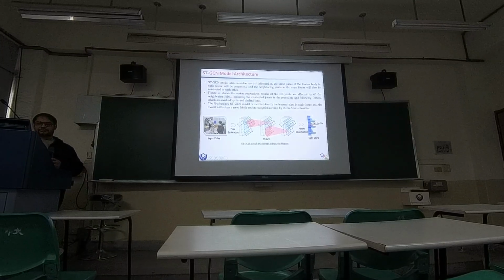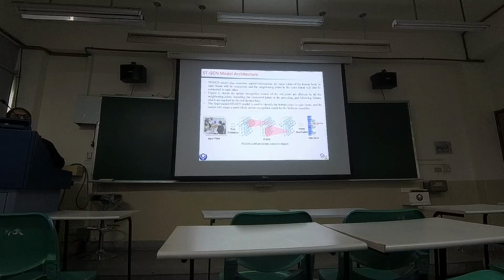So Figure 2 shows the action recognition results: the red joints are affected by all the neighboring joints, including the connected joints in the preceding frames, which are marked as red lines. We can see that if there is a hand action in the red frame, these points will coordinate with the same frame if we have some different action.